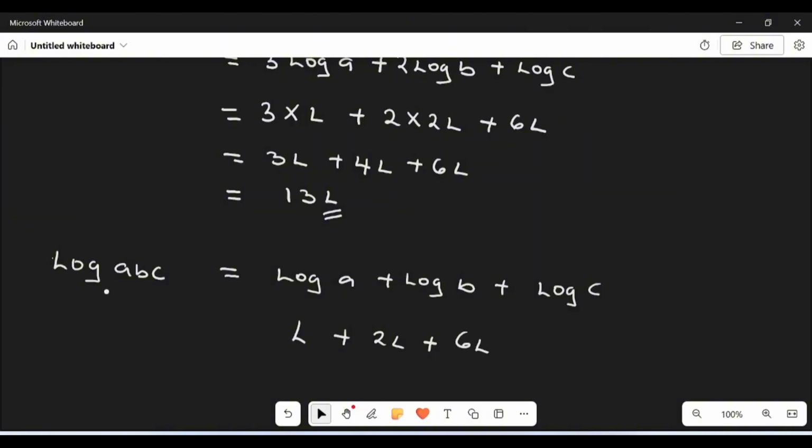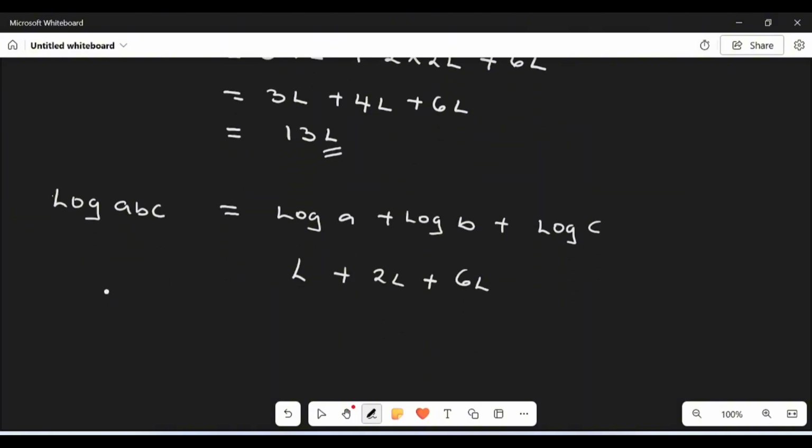So if we add everything together, it's going to give us 9L.